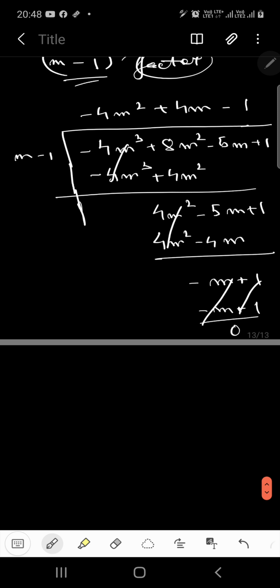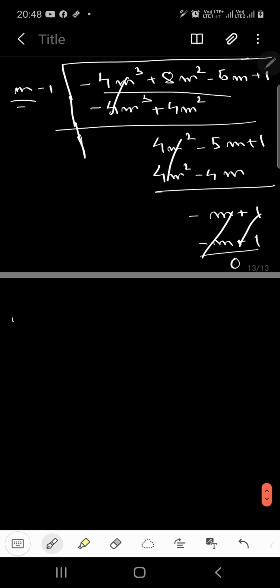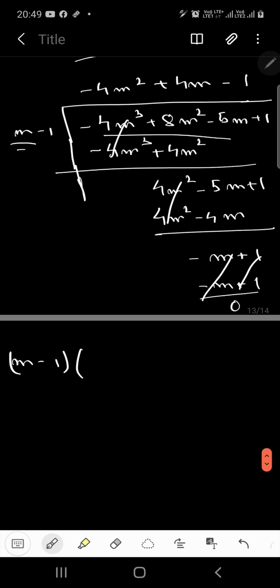Now this was obvious, since m minus 1 is a factor of this equation, so you are bound to get remainder 0. So eventually this equation can be written as m minus 1 times minus 4m square plus 4m minus 1 equals 0.